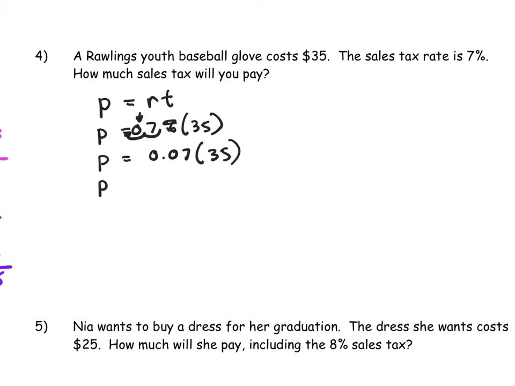So the sales tax is, on a calculator, $2.45. We weren't asked to find the total amount, or to take anything off. This itself is the sales tax. And they gave us 7%, and that means 7 pennies for every dollar we spend.